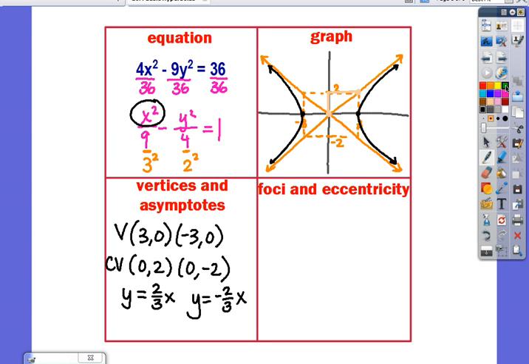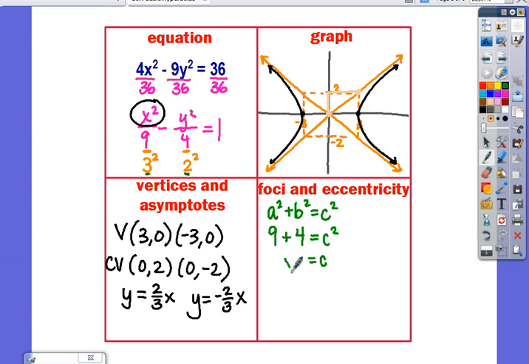Let's find our foci. A squared plus b squared equals c squared. Since it's plus, you don't even have to get hung up on which one's a and which one's b. Just go for it. So if we go over here, we could say a was 3 and b was 2. Whatever, it doesn't matter. So we'll go 9 plus 4 equals c squared.